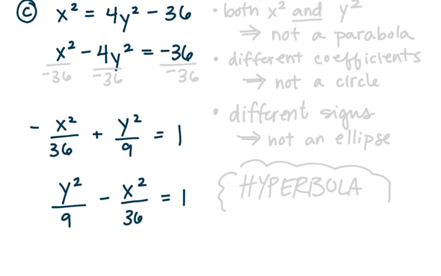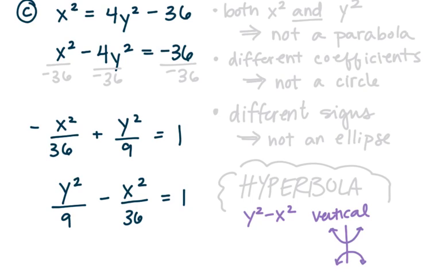So that means because it is y squared minus x squared, this is going to be a vertical hyperbola, which means we have a vertical transverse axis, and that hyperbola opens up and down.